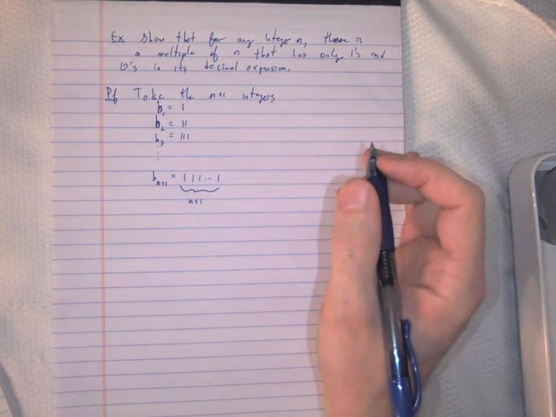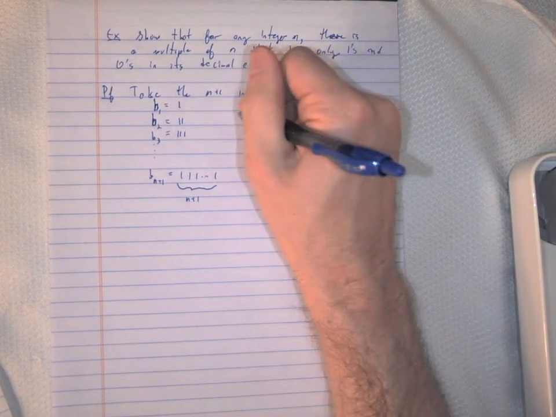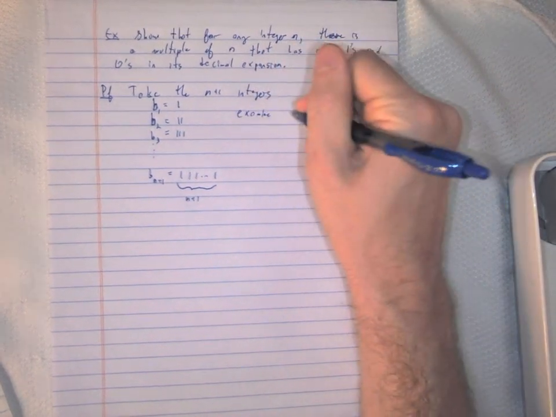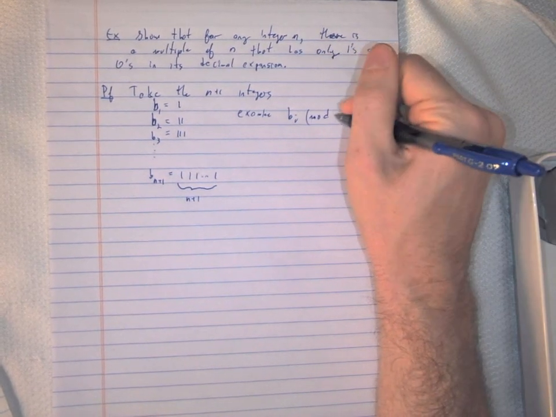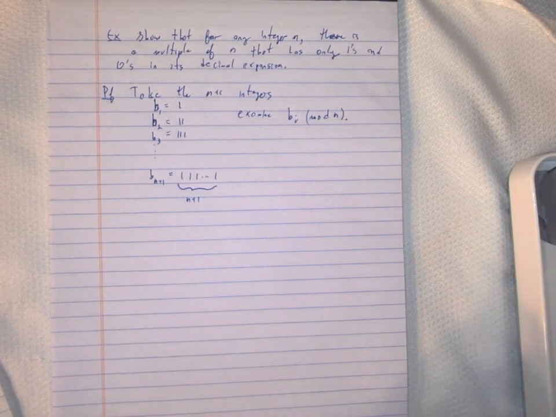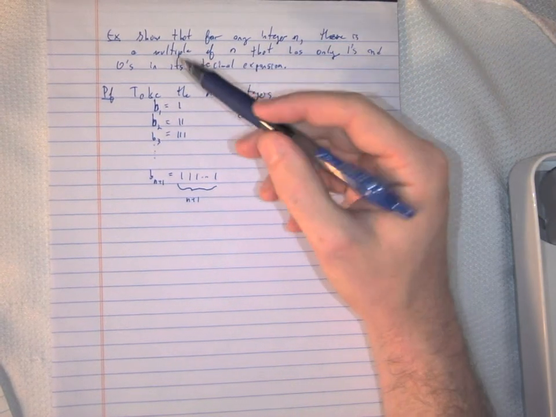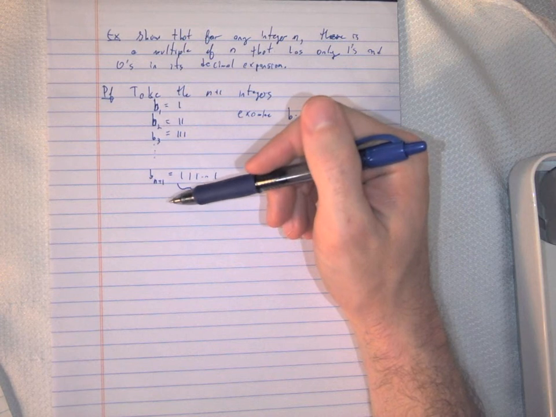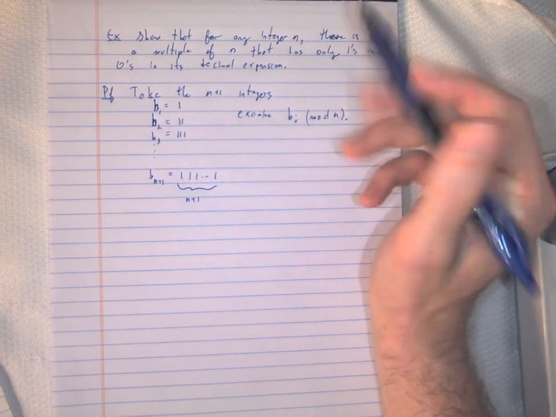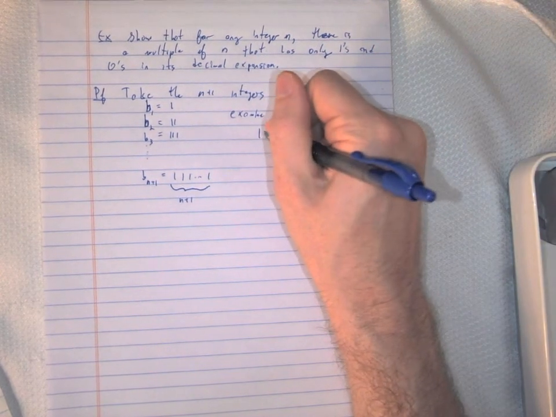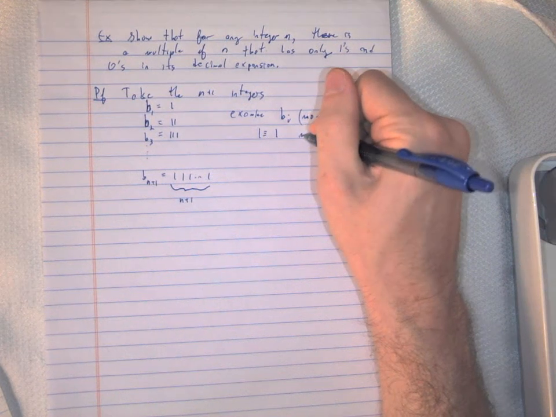Now what we're going to do is examine the bi mod n. Remember, this looks at the remainder of dividing bi by n. So for instance, b1 is always just going to be congruent to 1 mod n.